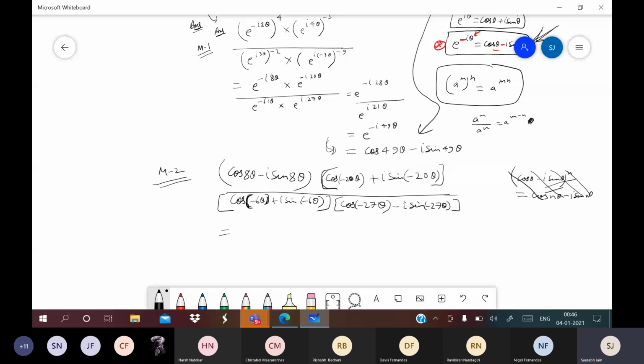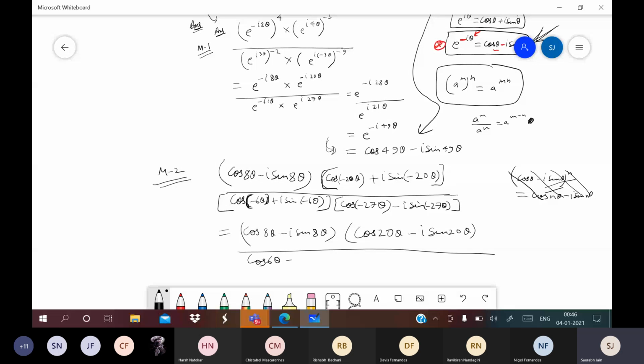Now let us simplify further. So this is cos 8 theta minus iota sine 8 theta. Now use some trigonometry. In trigonometry, cos of minus x is cos x, so it will remain cos 20 theta, while sine of minus x is minus sine x, so minus will come outside. Use this same property again and again.